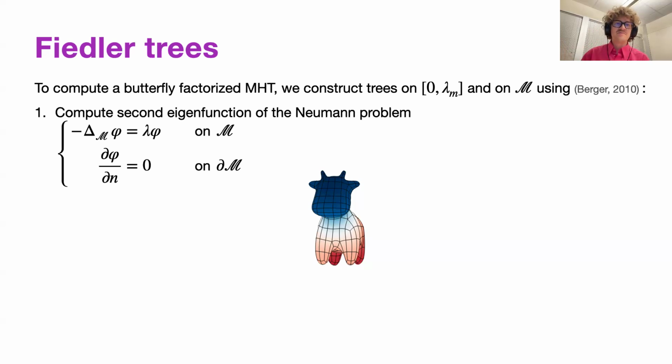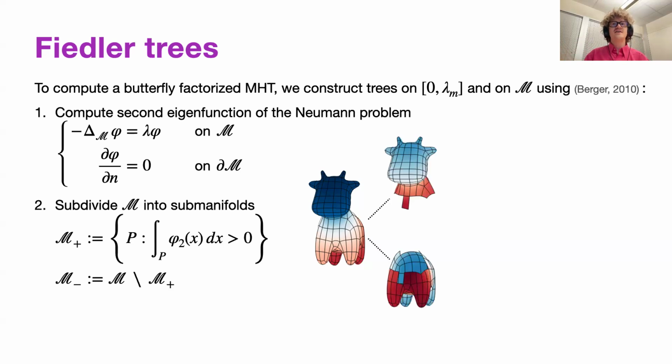And by the Courant nodal domain theorem, we know that this eigenfunction consists of exactly one positive and exactly one negative region, right? So if we want to subdivide our mesh, we can simply take the parts of the mesh on which the value of this second eigenfunction is positive and negative and subdivide them into two new meshes, right? So in this case, we're computing the integral of this second eigenfunction phi2 over each patch.